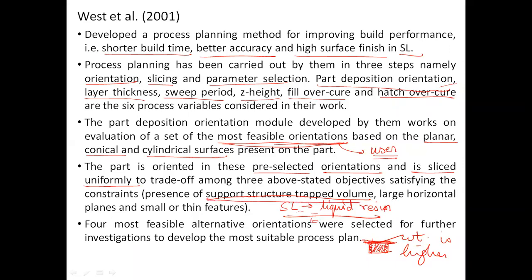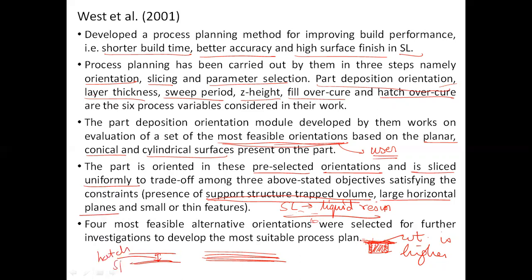Then secondly, if there is a large horizontal plane, the laser cures the large surface like this. It goes like this. As a result, between two hatchings, this is called hatch spacing.